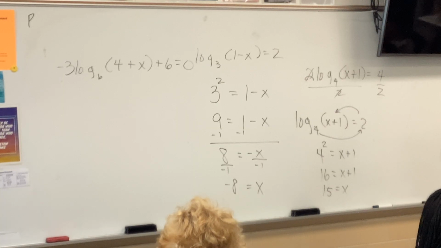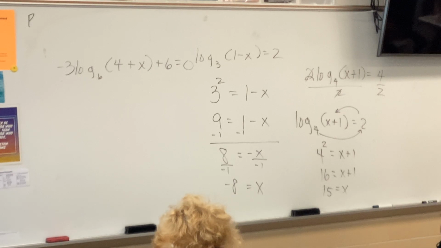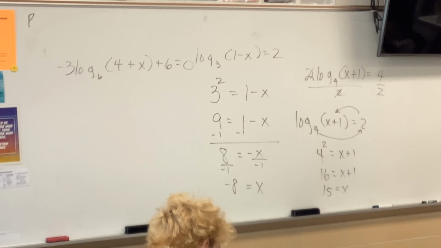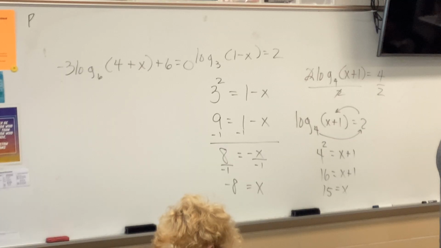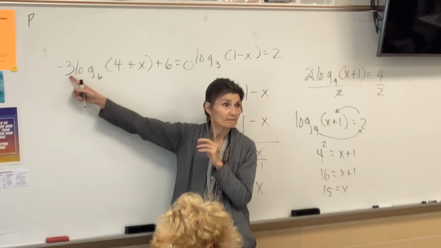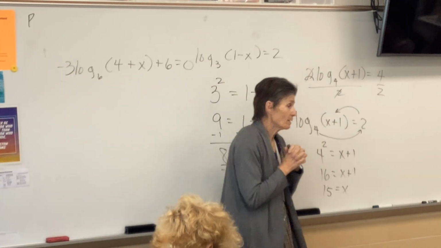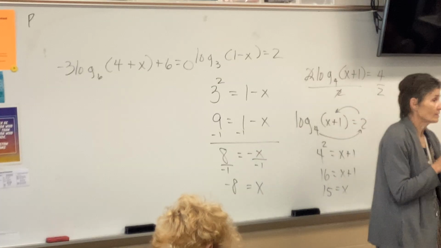I would move that 6 to the other side. And then once I get that 6 moved over, I'll want to take care of that. And then it should be ready to loop. So get started on that.